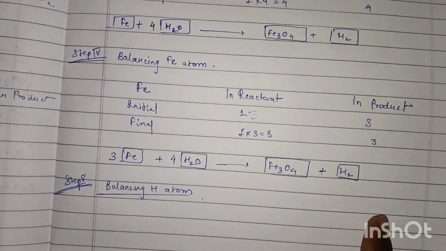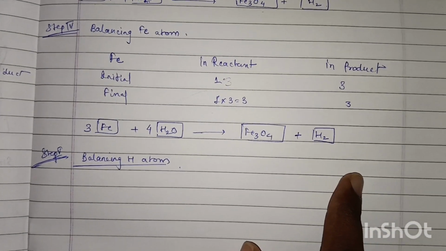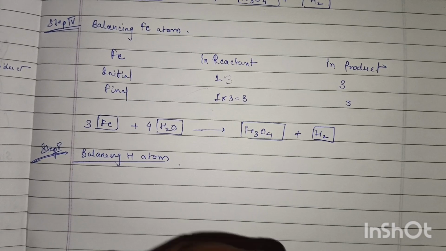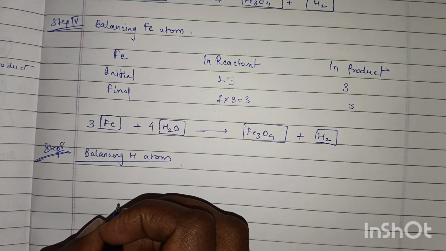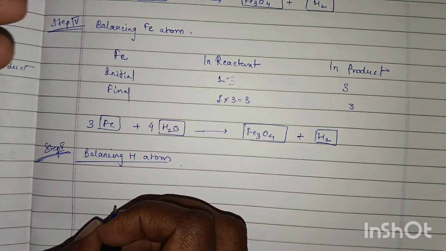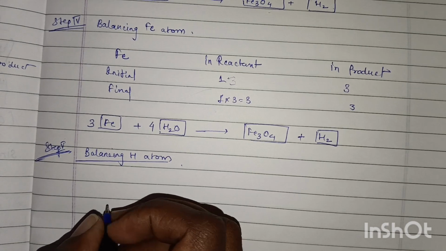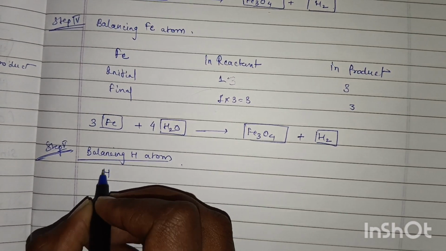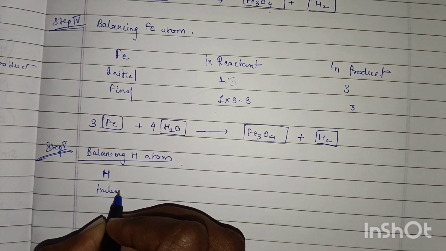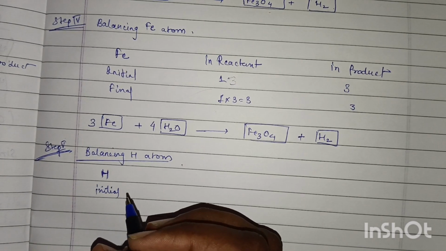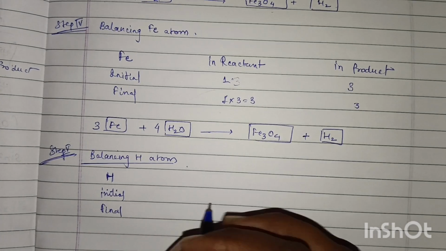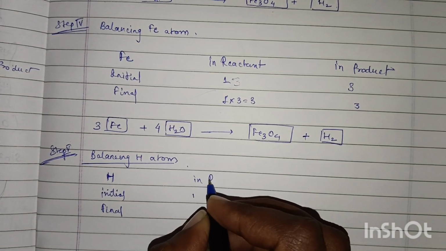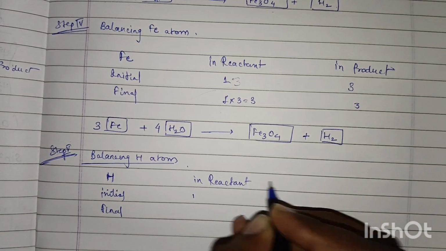You can write the statements from NCERT as such. I am here to tell you how to balance this equation. I know the table in NCERT is more perfect, but you have to take care of reactant and product.